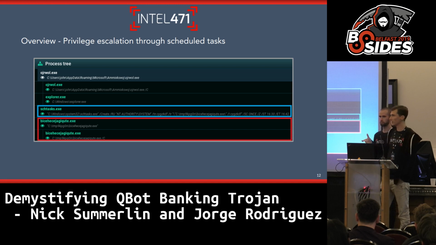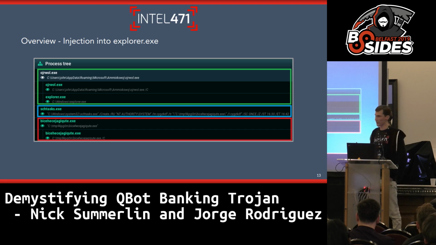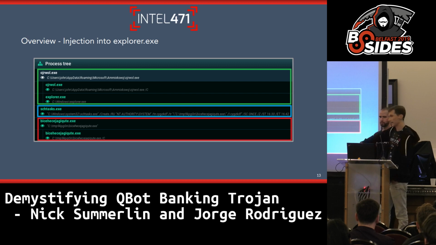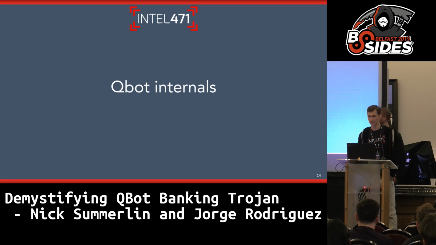This is sort of a privilege escalation to get higher privileges. It's kind of ridiculous that Windows allows you to do that. Finally, we see that QBot runs itself from the scheduled task and injects its own copy of the core DLL into Explorer.exe, so you won't see some suspicious process name in your task manager. It's running inside Explorer.exe, which is presumably running on everyone's Windows machine. And with that, I'm going to pass it to Jorge.